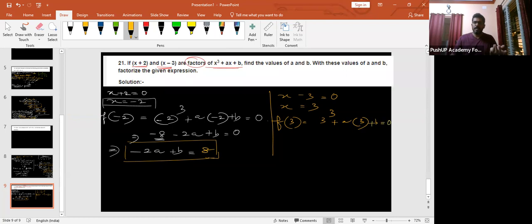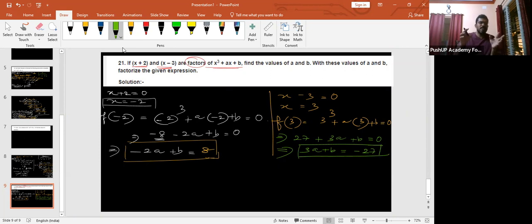And the remainder should be equal to 0 because it is a factor. So this implies 3 cube is 27 plus 3 into a, which is 3a, plus b, which is equal to 0. Now, 3a plus b is equal to -27. And this is your second linear equation.